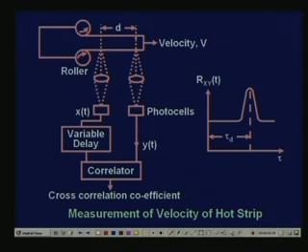Now you see what we are doing is we are actually taking the signal from two channels. One is x(t), another is y(t).